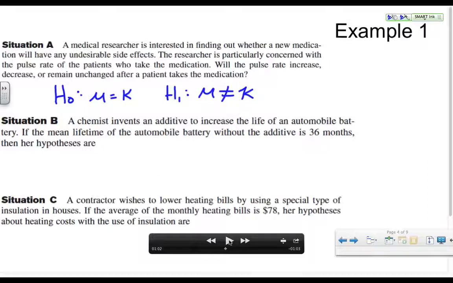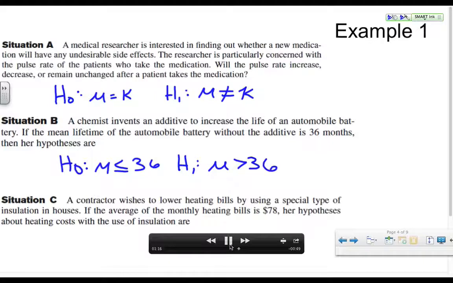So moving on to situation B. A chemist invents an additive to increase the life of an automobile battery. If the mean lifetime of the automobile battery without the additive is 36 months, then her hypotheses are, okay? So we want to say that it wants to be greater than 36 months. In this case, I wrote them backwards. I should have started with H1.